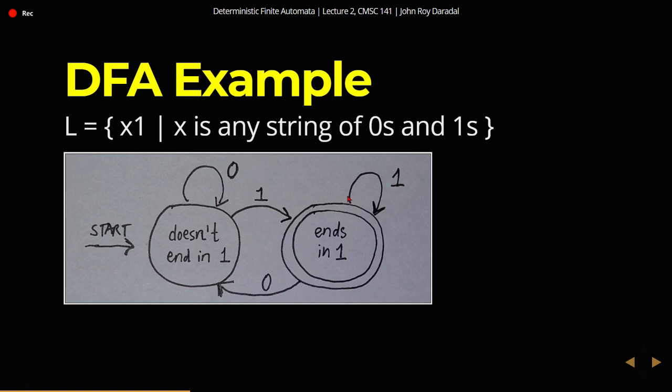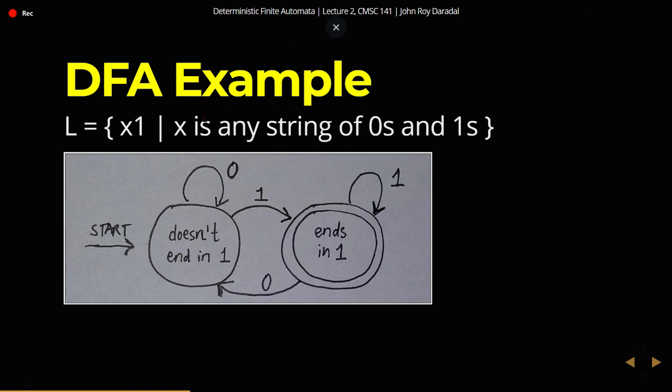And if you see 1 in this state, it will still end in 1. But if you see 0 in this state, it will go back to does not end in 1. Because, well, it now ends in 0 because the last symbol that you saw was 0. Okay? So if you end up here in ends in 1, then it's accepted. So you see the double circle here. That means that it's an accepting state. Okay? So this is the simple example of a DFA for binary strings that ends in 1.